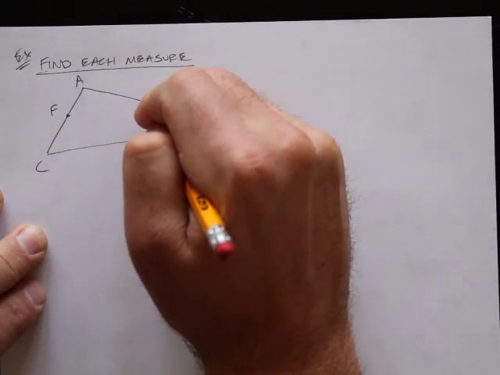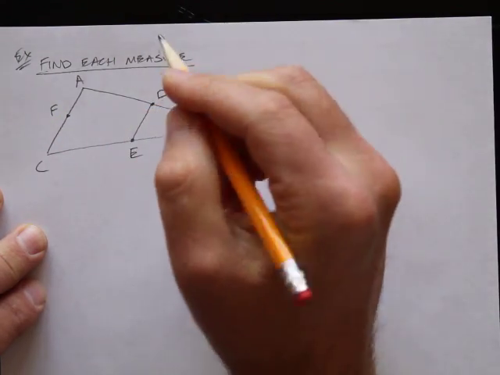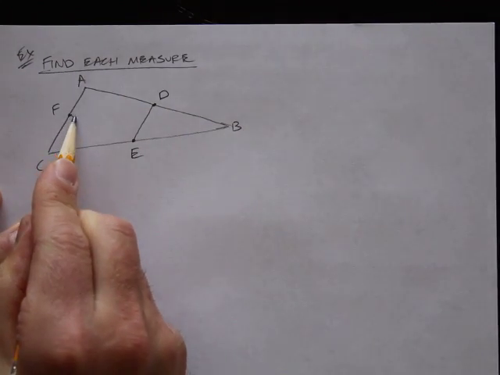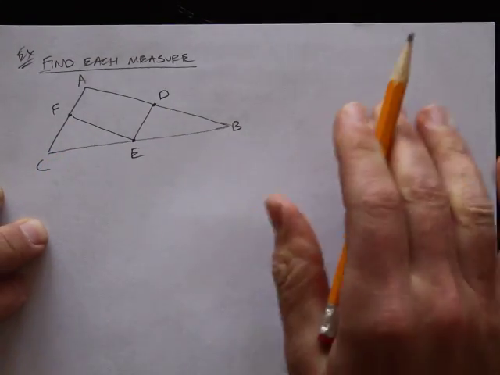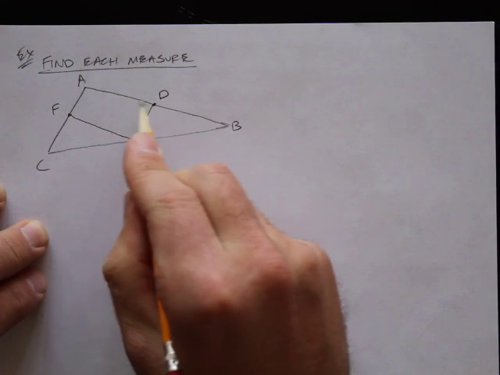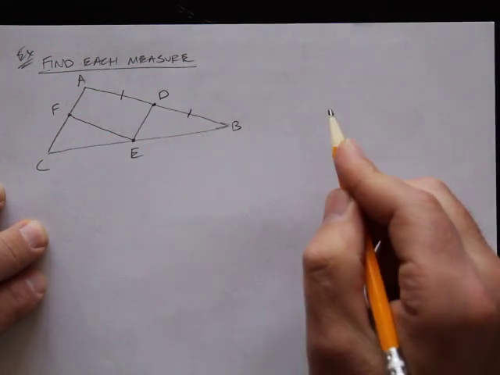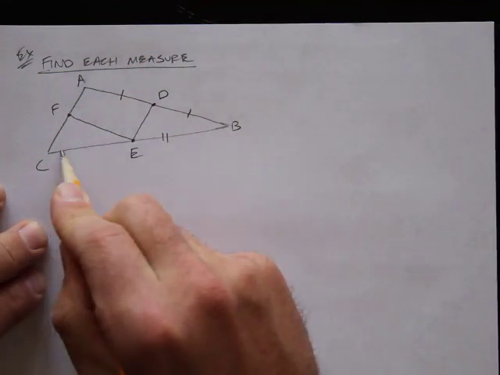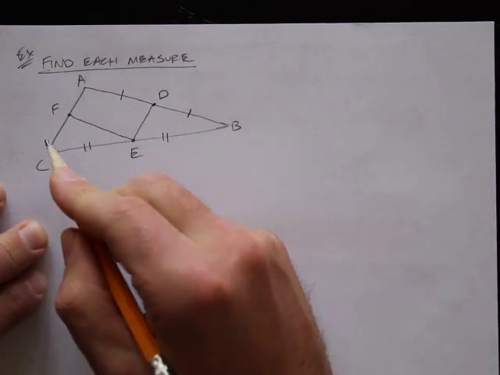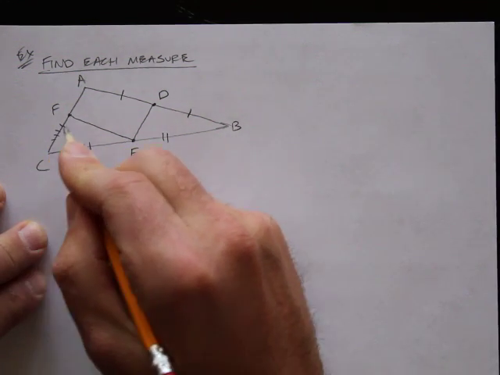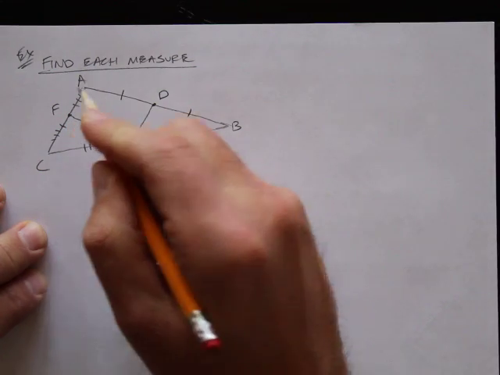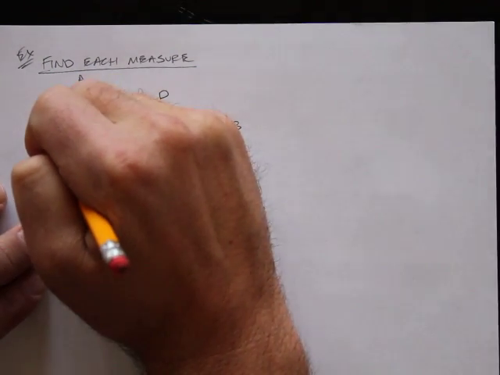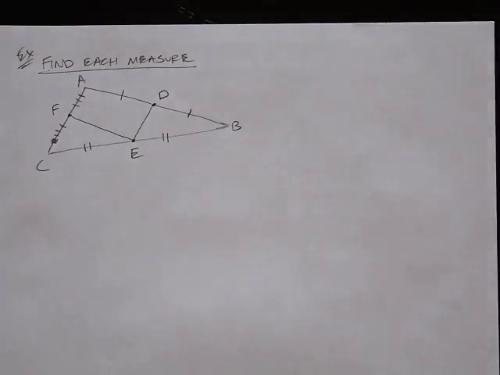So I have a line segment from D to E and a line segment from F to E. Okay, now AD is congruent to DB. EB is congruent to CE, and CF is congruent to AF. I did 3 there. Should be only 1, 3. Okay.